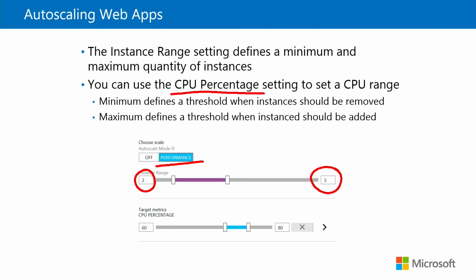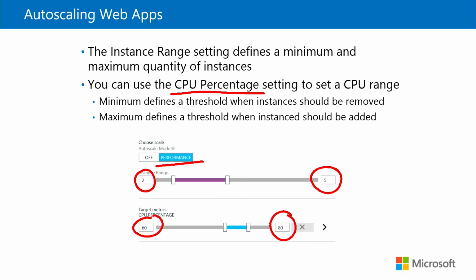So I have a minimum number of instances and a maximum number of instances, and you also have your scale values, right? So my target scale range is between 60 and 80. And if I go below 60%, then it's going to scale back down to my minimum number. If I go above 80%, it's going to scale up until I hit the maximum number, right?